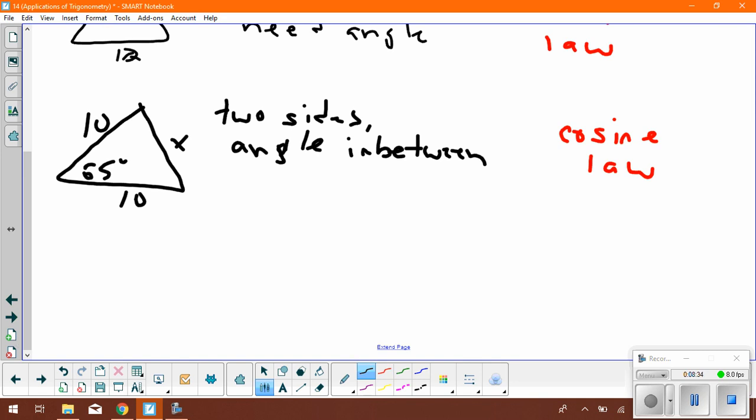Okay. For the other cases, so for example, I know an angle, and I know two of the sides, but it's not contained between the two sides, it's some other one. That is going to be sine law.